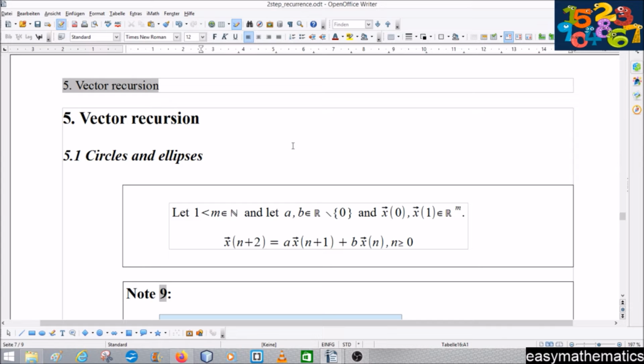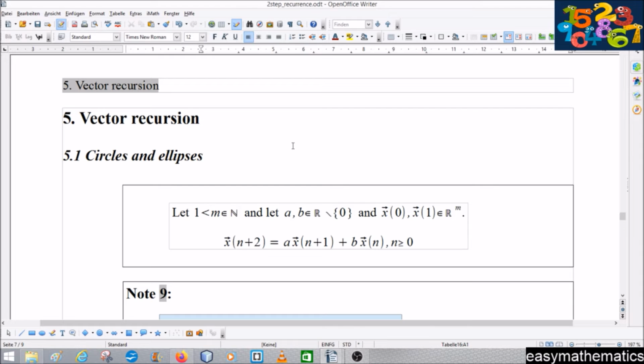And what we can do in 1 dimension, we can do in 2 dimensions. Why not? So let n be a natural number greater than 1 and a, b be real numbers without 0, and two initial values x of 0 and x of 1 from the space R^n.